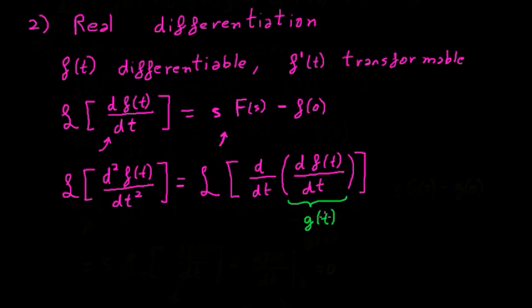By the way, here we've assumed that f is twice differentiable and that its second derivative is also transformable. So here we're having exactly that with g instead of f. So we get s times capital G of s minus g evaluated at 0.